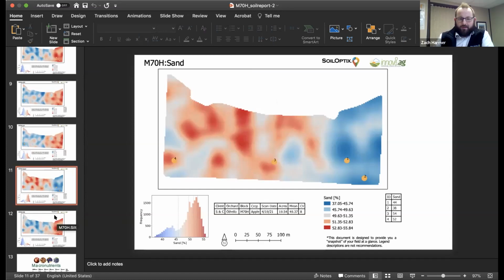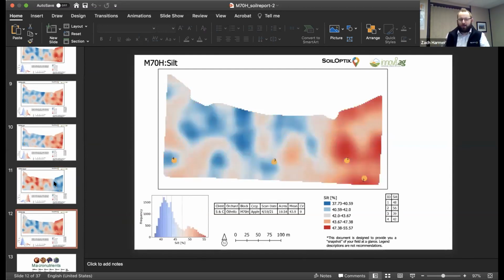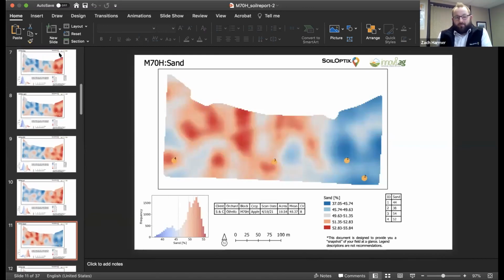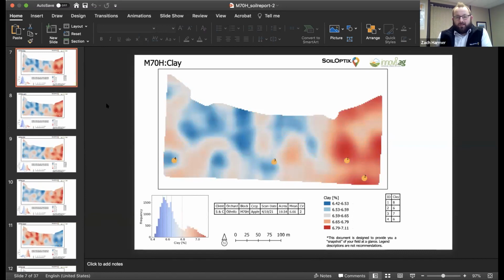Yeah, and I'm glad that Ian's pulling up the texture piece, because that plays a huge part in the availability of various nutrients as well, and obviously influences other pieces like pH and organic matter.